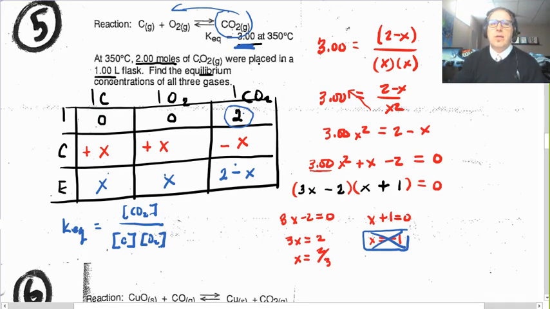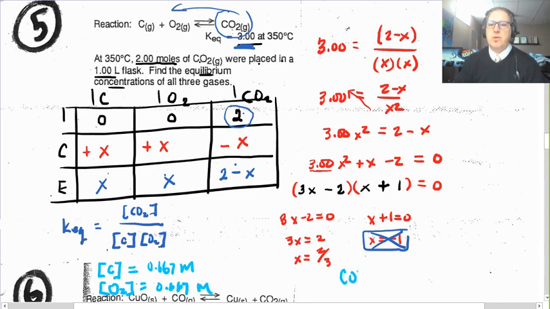So what are the equilibrium concentrations? Well, let me use a different color here now. So it looks like the concentration of C is 2/3, or 0.667 moles per liter. And that's the same for O2, 0.667 moles per liter.